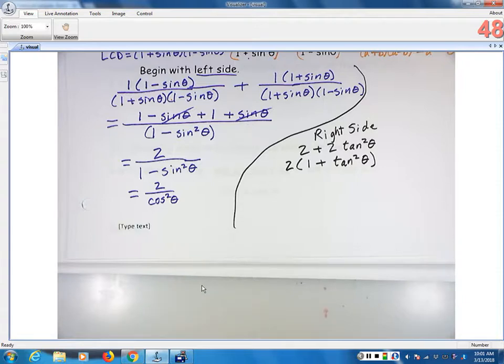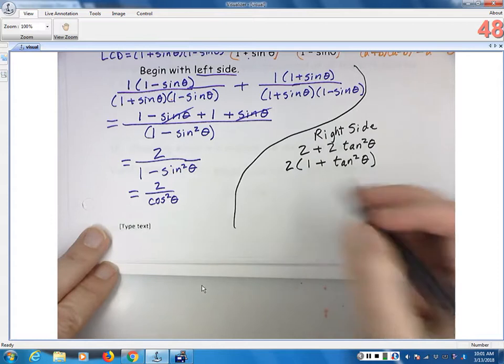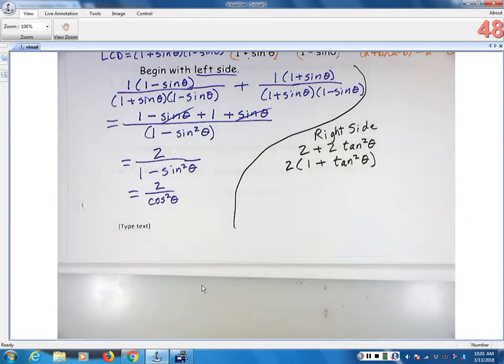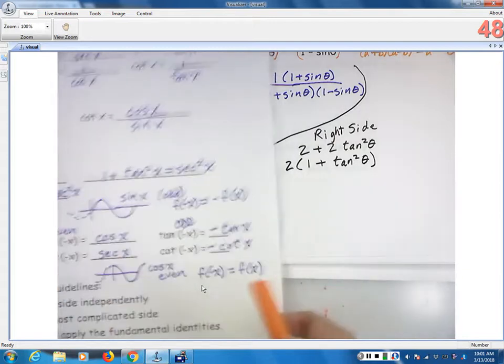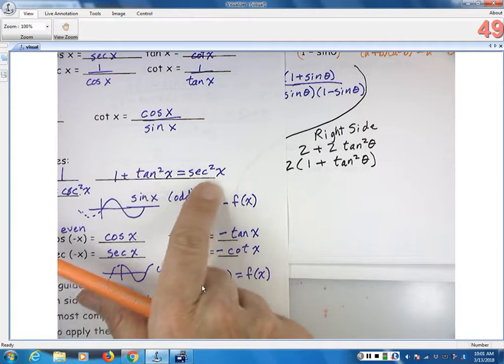Or you can write everything in terms of sine and cosine, because I have the cosine squared theta plus sine squared theta equals 1. Memorize, I have to look back at the other one. So on my filled-in notes, maybe I changed it to sine and cosine. But the identity from page 1 was 1 plus tangent squared theta equals secant squared theta.